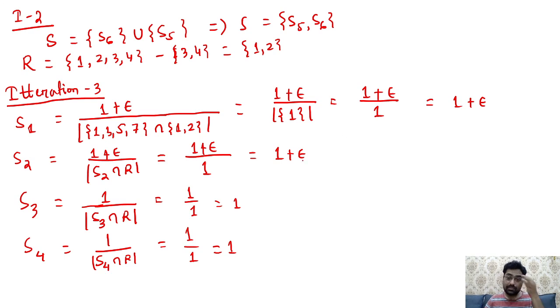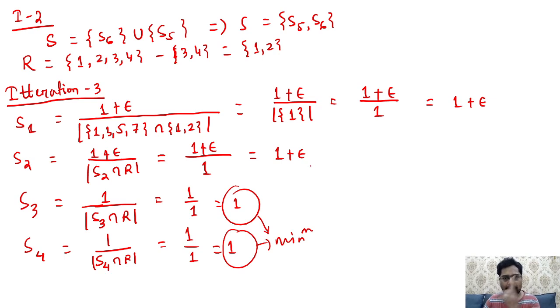So out of these 4, you can take 2 as minimum. So I'm collecting S4 or else S3. Anyone could be picked, so both are minimum. Here it is minimum, here it is also minimum, but I'm selecting S3. Select at least one. Okay, so as for this, I'm selecting S4.